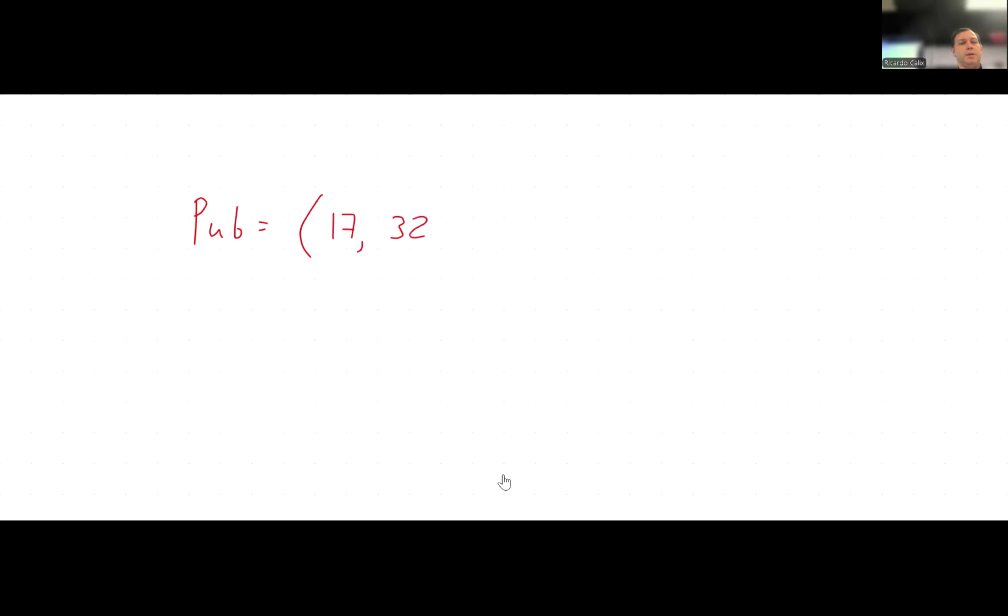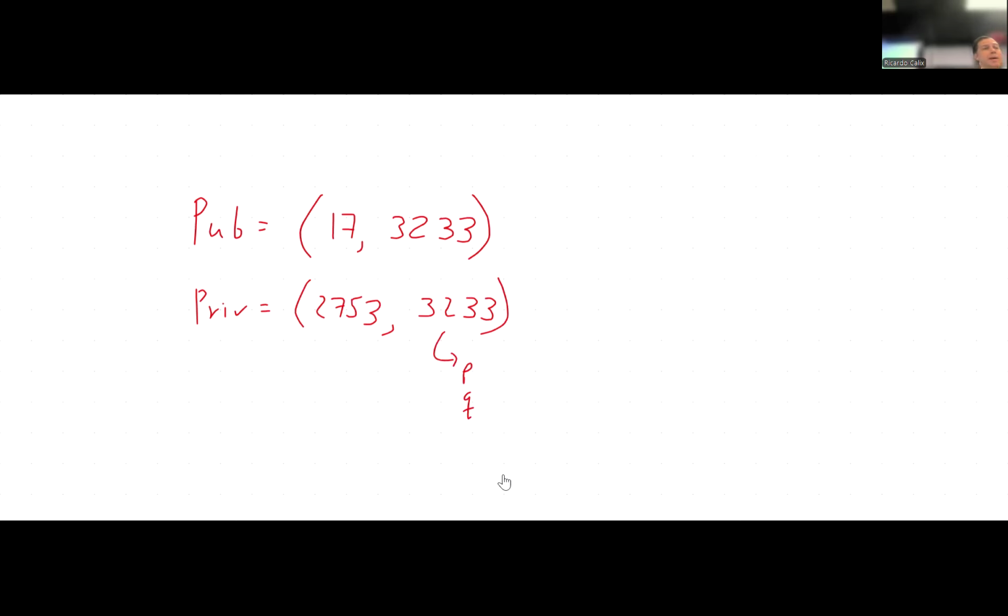And then the private key, D was 2753, and N should be 3233. Got it? So this is basically how it works. In the algorithm, in the private key, remember this is actually stored as the P and Q for the computation. Okay? So this is your public and private key.